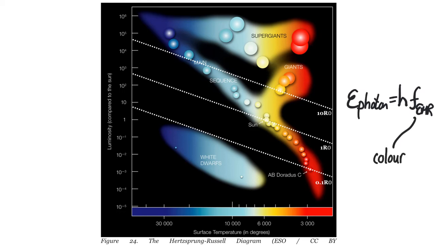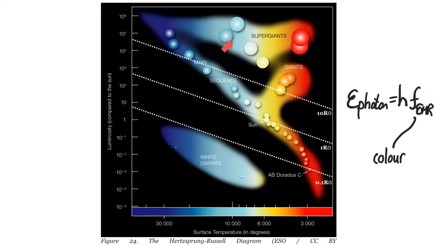So what we have here is a very, very powerful tool, because what it's linking is the luminosity of stars that we observe in the universe through our telescopes with their surface temperature and their color. So we can see that we get big stars that are blue, and we get small stars that have a bluish color.